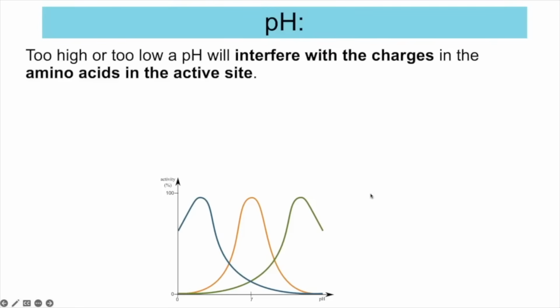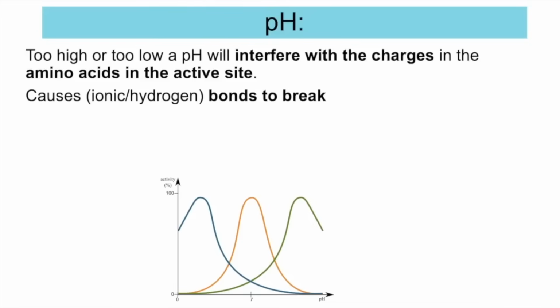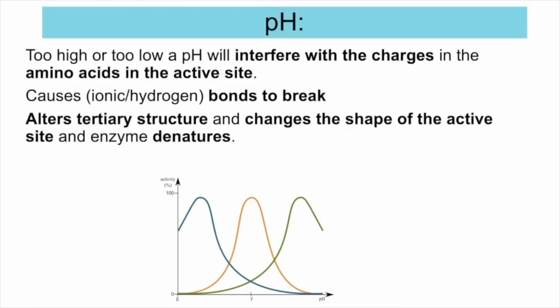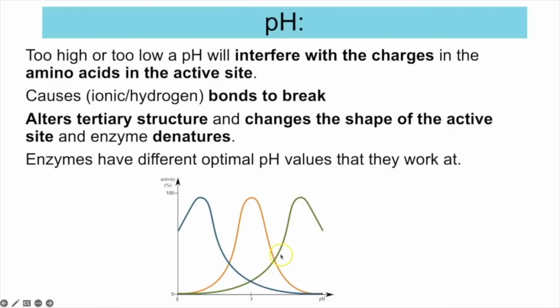Next, then we have a look at the pH. Too high or too low a pH will interfere with the charges in the amino acids in the active site. That will cause the ionic and the hydrogen bonds to break, and therefore that unique 3D shape of the tertiary structure unfolds, that changes the shape of the active site and the enzyme denatures. Now, as indicated in this graph here, enzymes do have different optimal pHs though, depending on where they work.